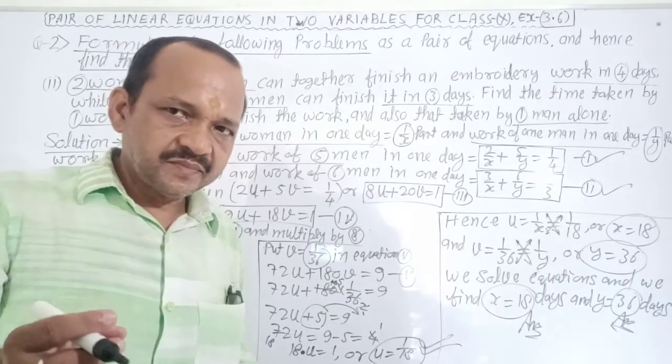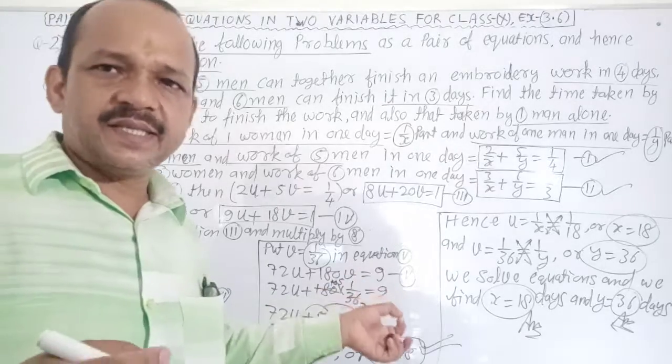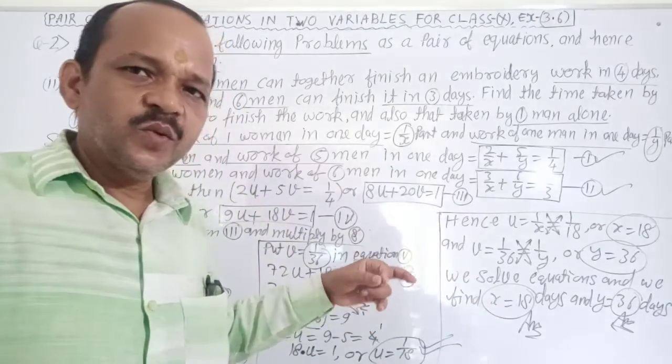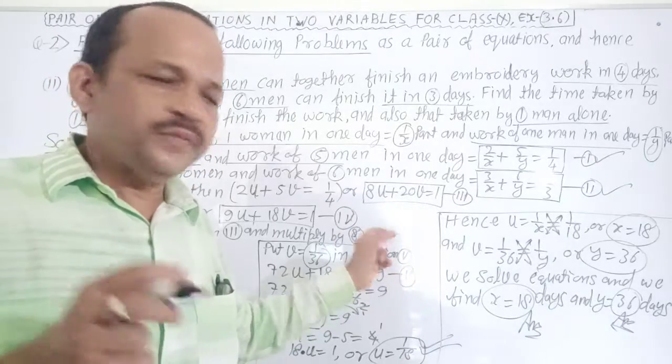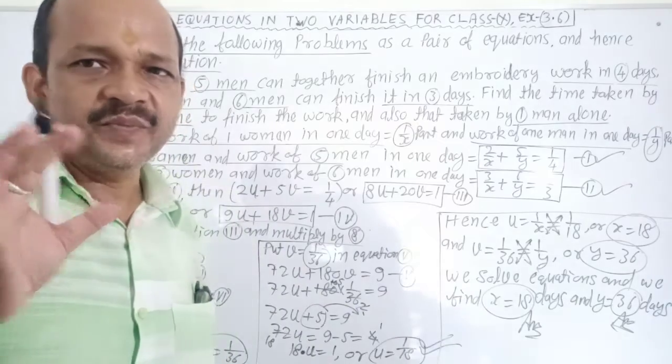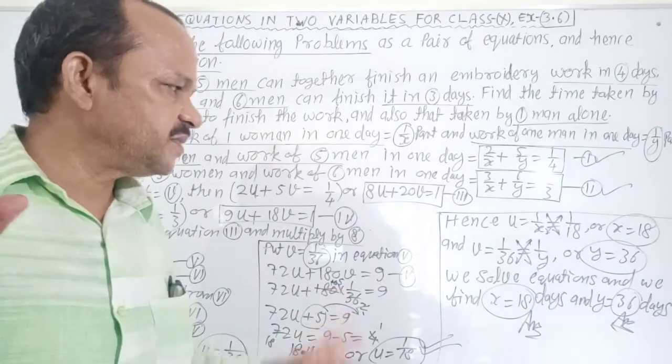It means one woman can finish the work in 18 days and one man can finish the work in 36 days. Clear? No confusion about it? Very good.